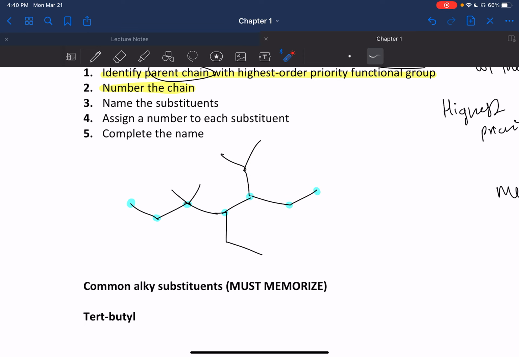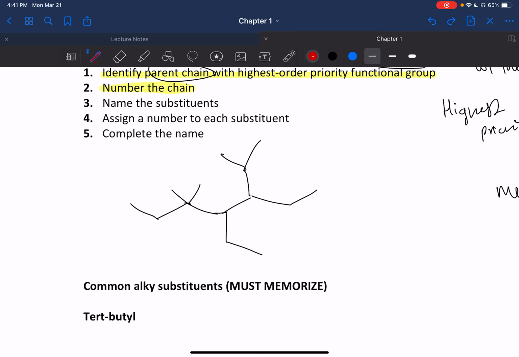Okay, there's 7. But you have to then look, if I start here, or if I start here, let's number the chain. We need carbon 1 to be the one closest to the highest priority functional group.